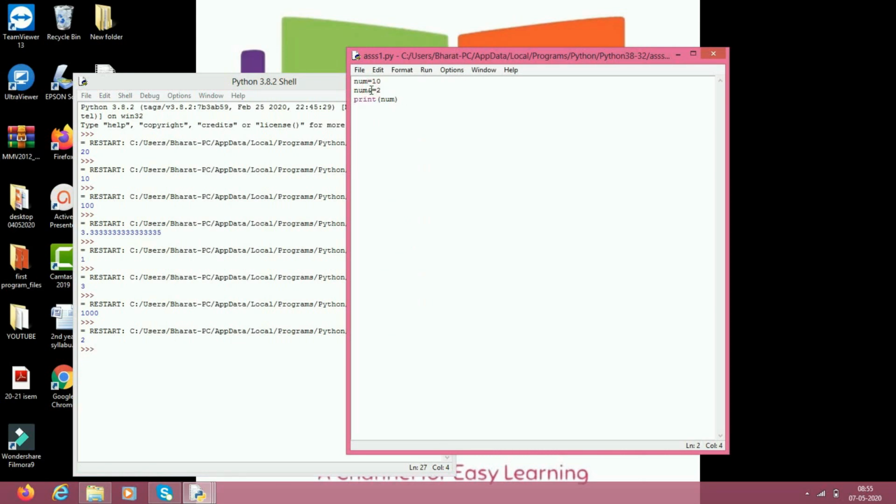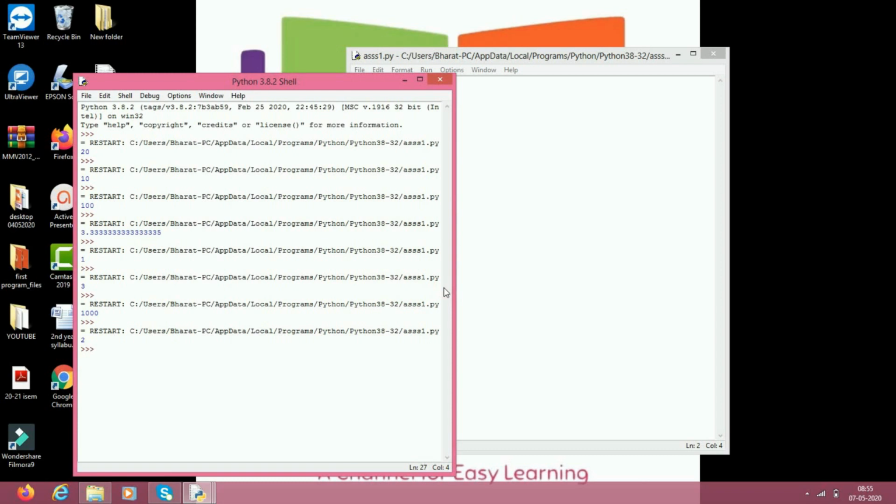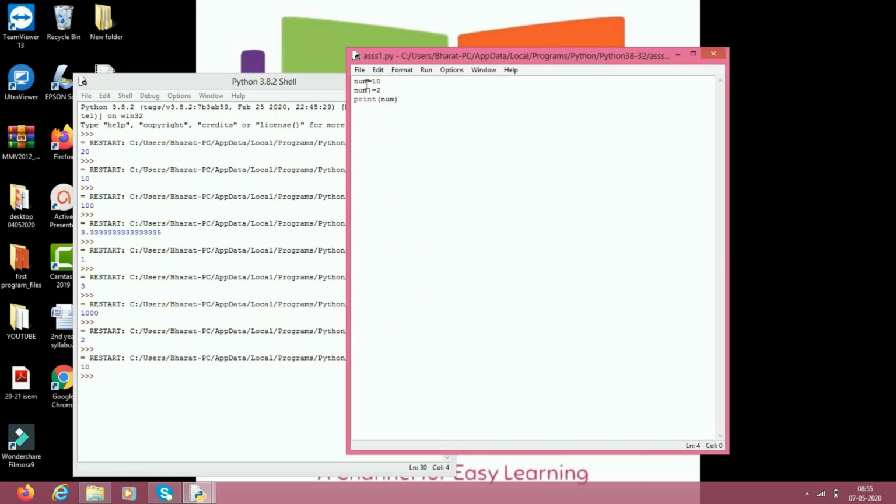If you use OR, what does it return? It returns 10. Same like that, XOR. What does it return? 8.